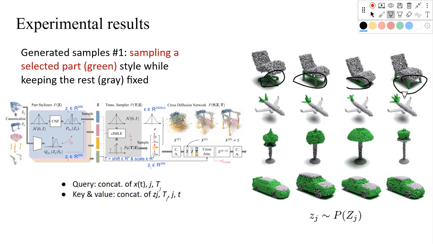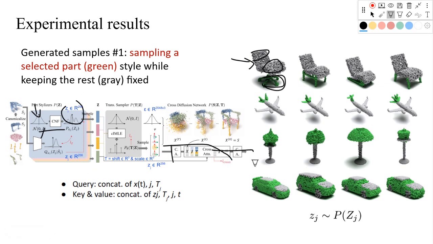We can also sample another part, not only a single part. For example, if we want to keep the seat, and we want to sample different styles of the back and also the leg, we can sample one for the back and another one for the leg. And later, when we input Z into this cross-attention, we just give different semantic labels J here.